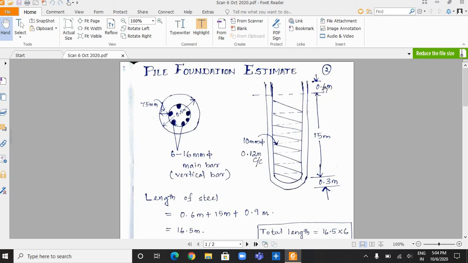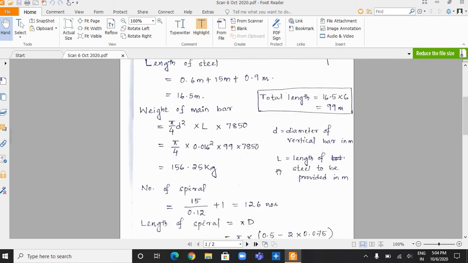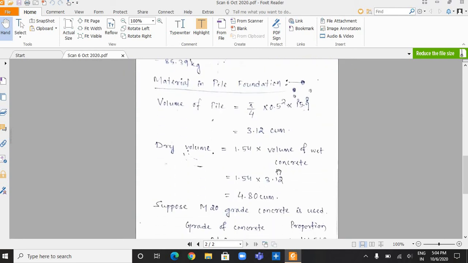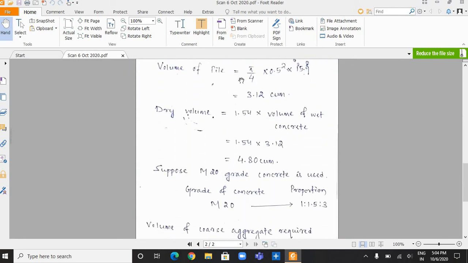The length of the pile is 0.6 plus 15 plus 0.3, which equals 15.9 meter. So the volume of the pile is 3.12 cubic meter, and the dry volume is 1.54 times the volume of wet concrete. So 1.54 multiplied with 3.12 equals 4.8 cubic meter.